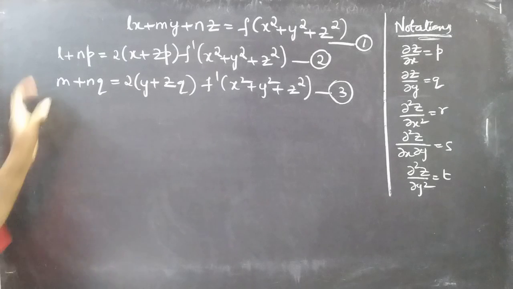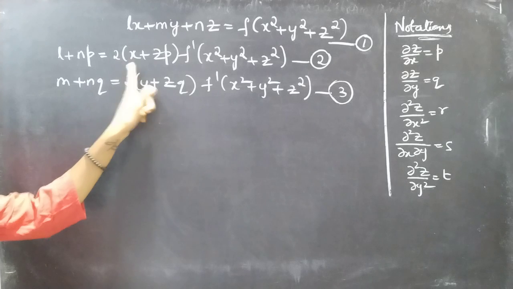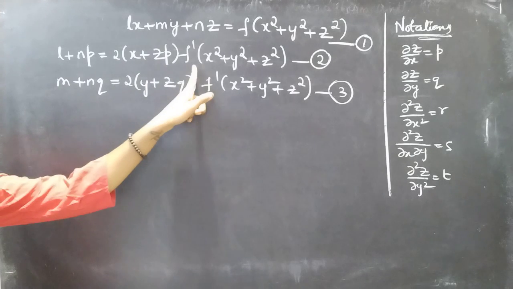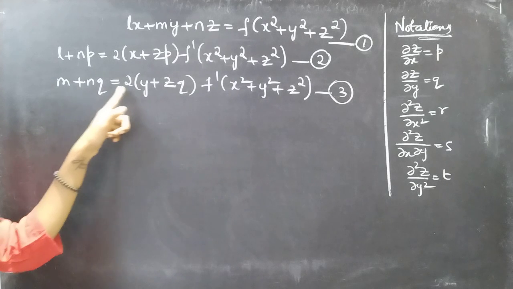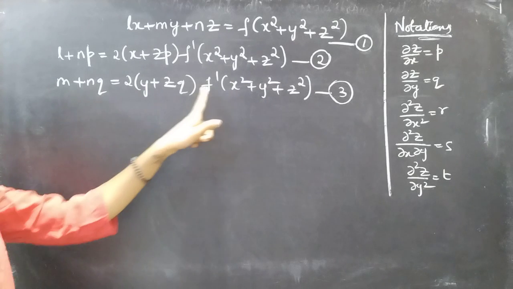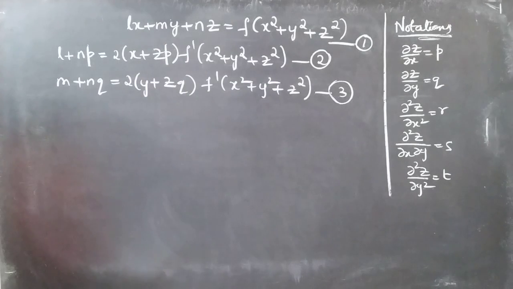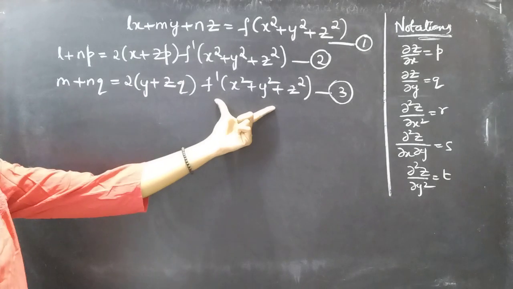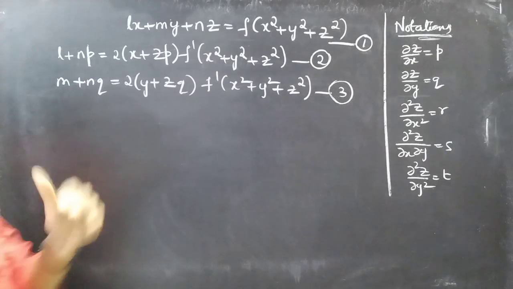Now observe equation 2 and equation 3. We have l plus np equal to 2 times x plus zp into f dash of x square plus y square plus z square, and m plus nq equal to 2 times y plus zq into f dash of x square plus y square plus z square. Now we'll eliminate f dash of x square plus y square plus z square from equations 2 and 3.